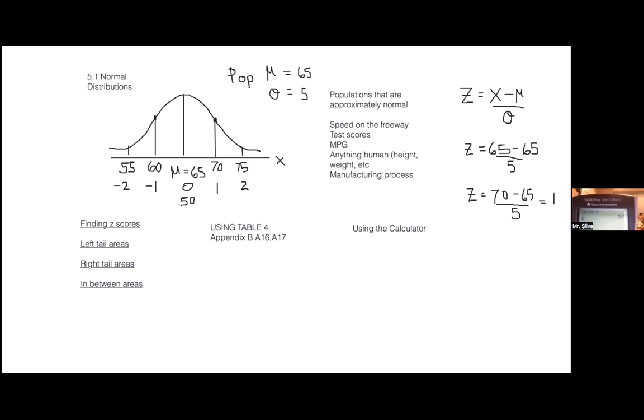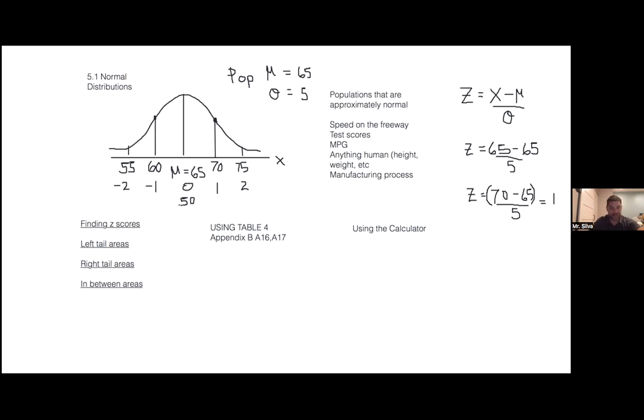The calculator divides 65 by 5, and it's 70 minus that. So 70 take away 13. Well, the calculator does order of operations. If you're going to use a calculator, I would subtract first, get that number, and then divide by 5. Or you could just put parentheses around the numerator, and that gives us the 1. So a z-score of 1 is what percentile?